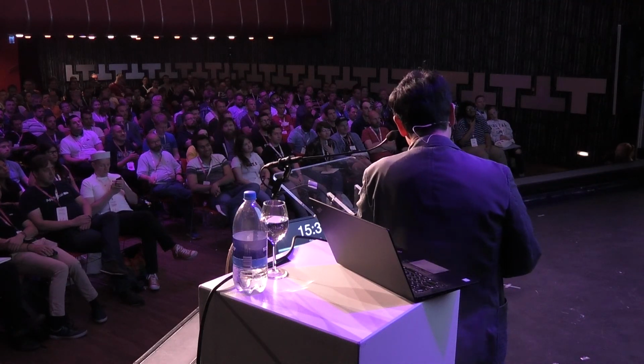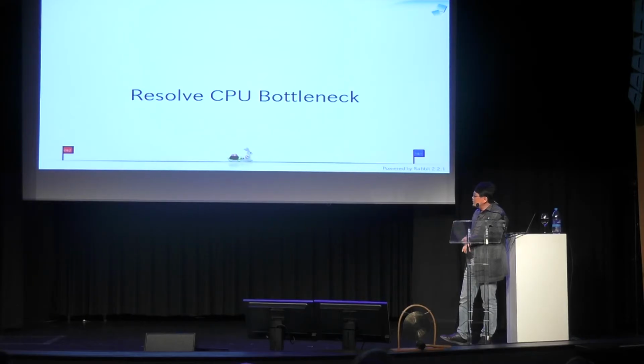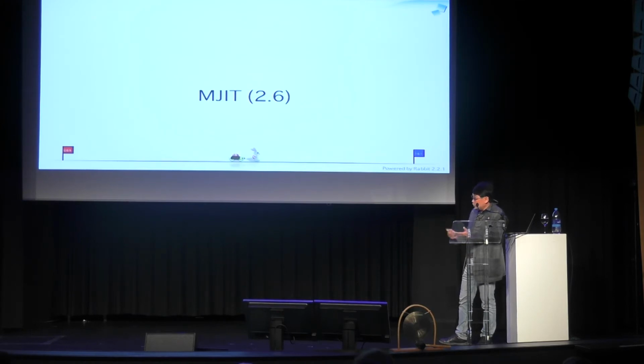The other bottlenecks are the CPU and the I/O. To resolve the CPU bottleneck, we are working on a just-in-time compiler called MJIT. MJIT was introduced in Ruby 2.6, so if you are using Ruby 2.6, just add the --jit option so that you can have the JIT compiler for CPU-intensive tasks.